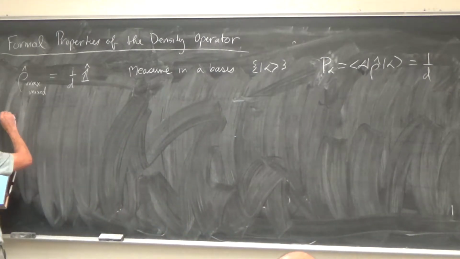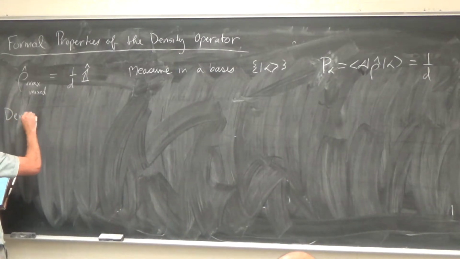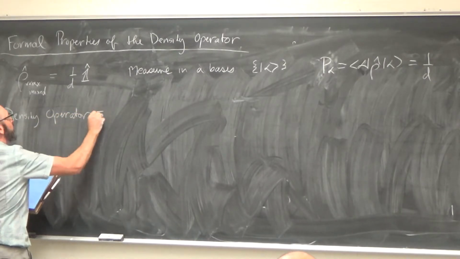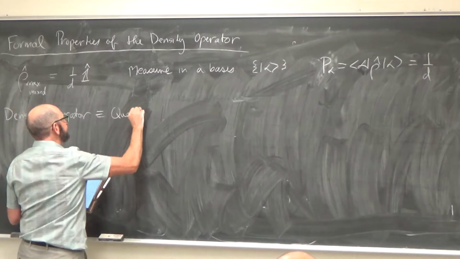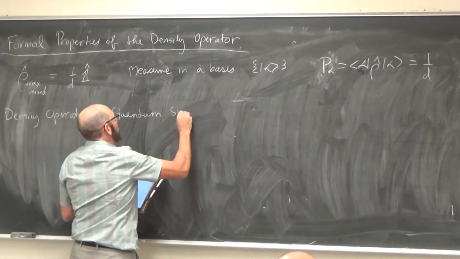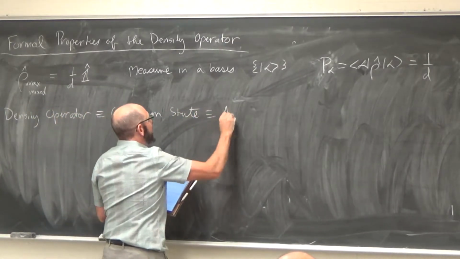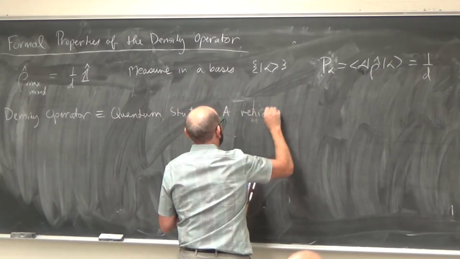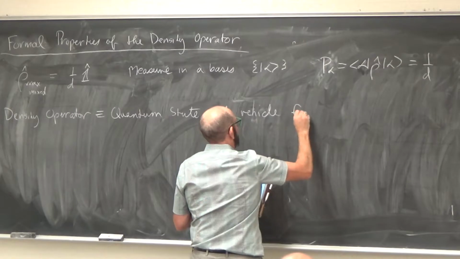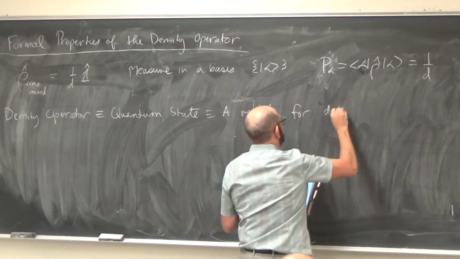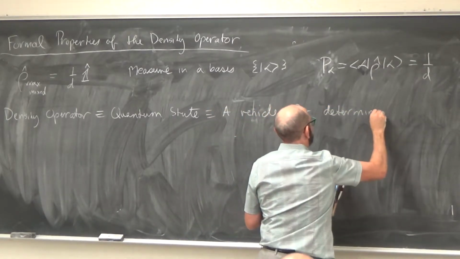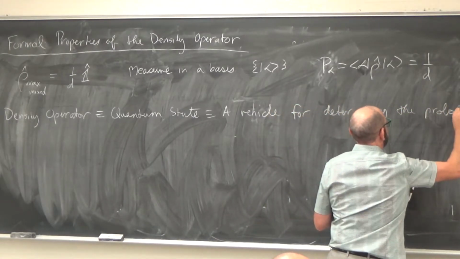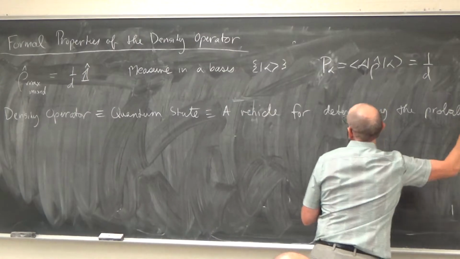So, as I said, the density operator, equivalent to the quantum state, is a vehicle for determining the probability of measurement outcomes.